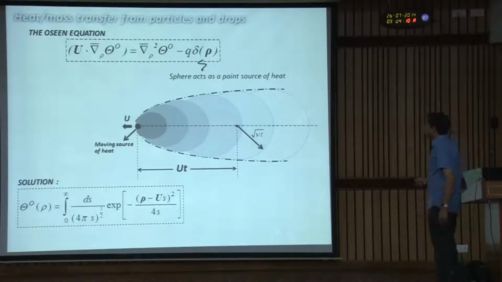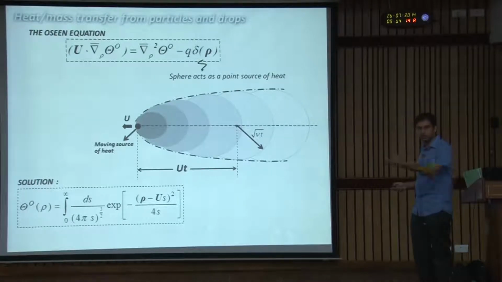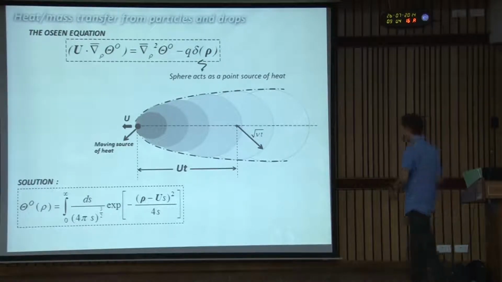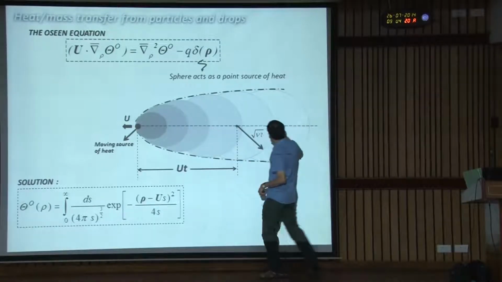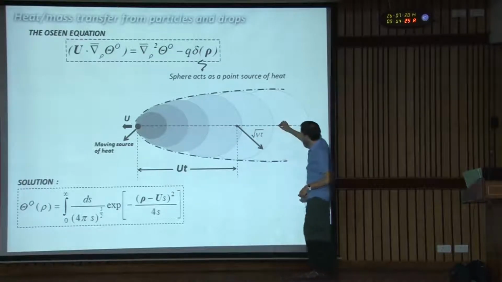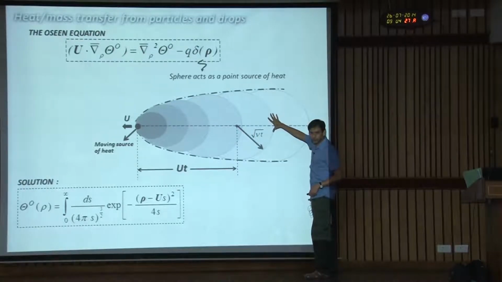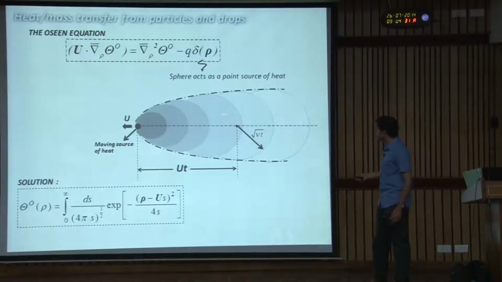For convection, what you need to recognize is that your diffusing source is just moving with velocity u. Okay? So, it is convecting in this direction at u, and it is depositing heat at every point along this line. And each of those sources start expanding diffusively. Okay? So, the heat sources far behind have had a longer time to expand, and therefore, the temperature field occupies a larger sphere of volume.